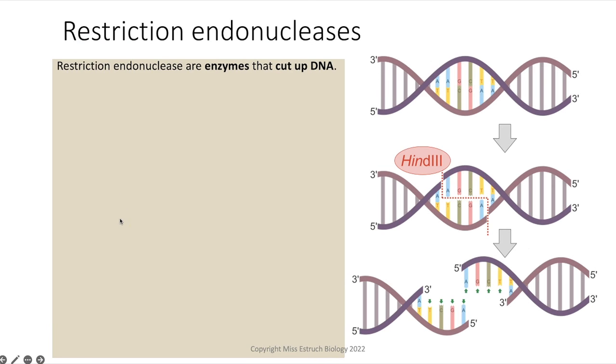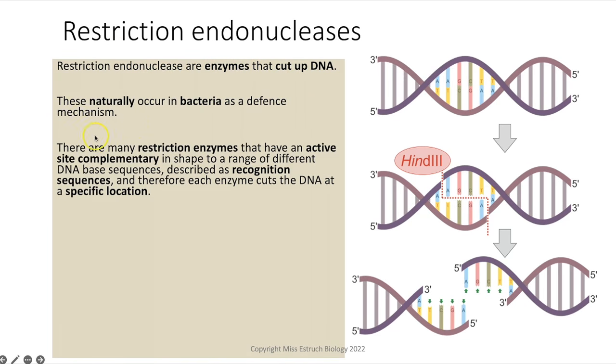Restriction endonucleases is another method, and these are enzymes that cut up DNA. And these naturally occur within bacteria as a defense mechanism. There are many different restriction enzymes that have an active site complementary in shape to a range of different DNA-based sequences, because that is what the active site is.